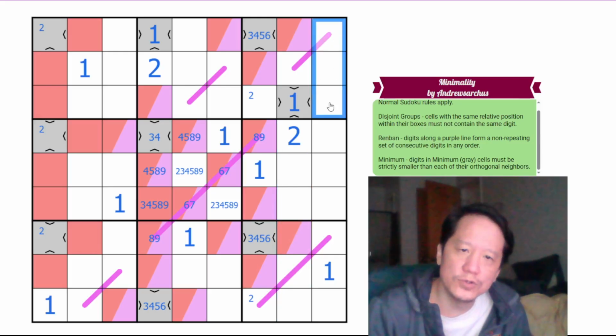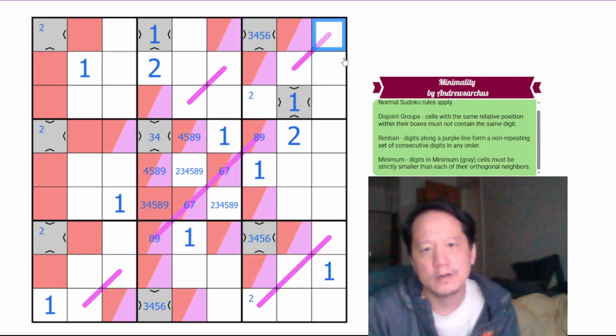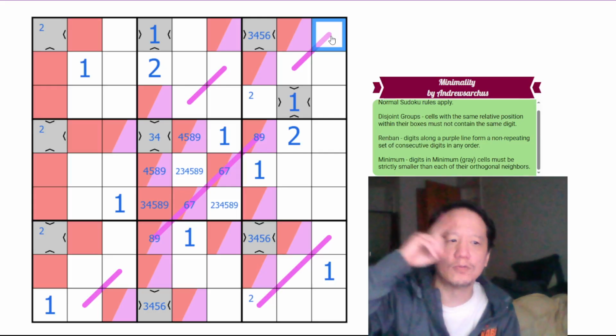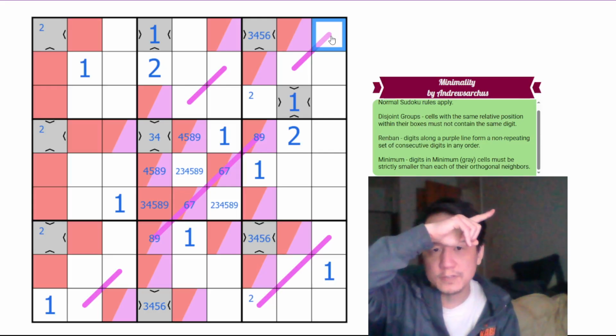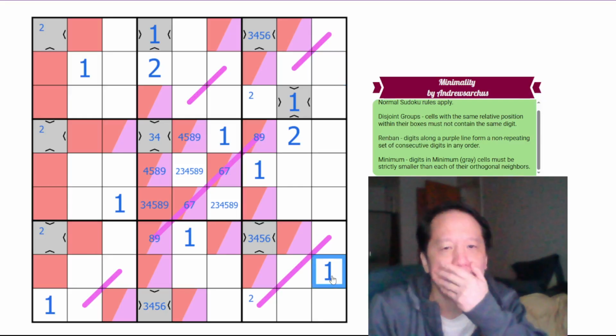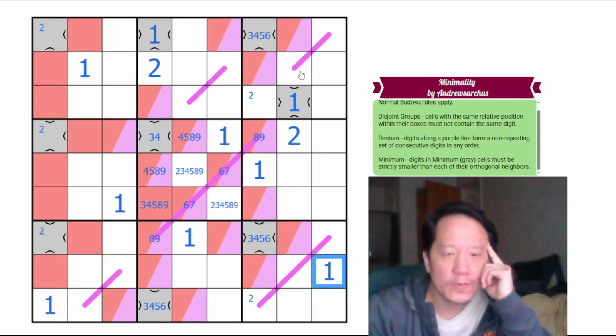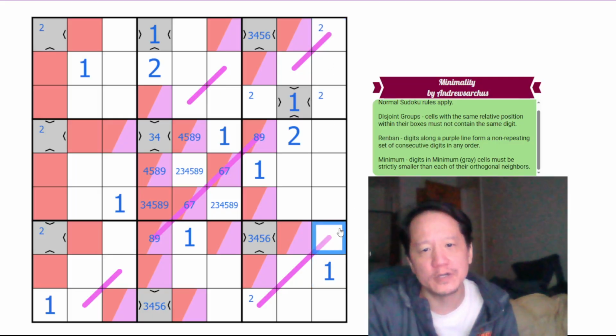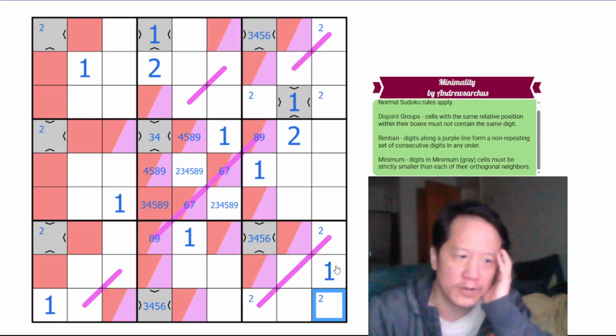Where is 2 in column 9? It's either in the upper right-hand cell or the lower right-hand cell, right? Because it can't be any of these, can't be here, and can't be here. Okay, so we have guaranteed 2 in one of these scenarios.